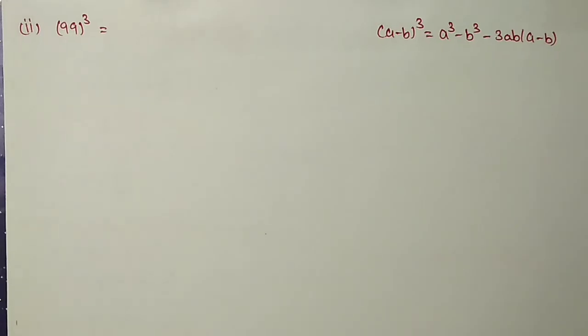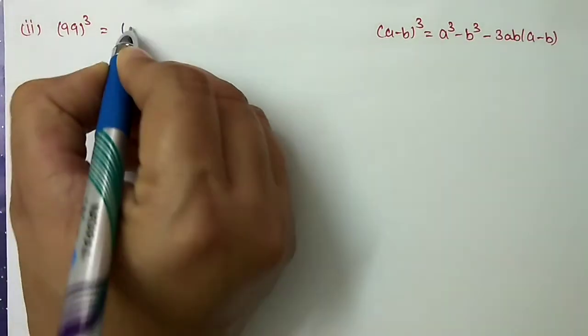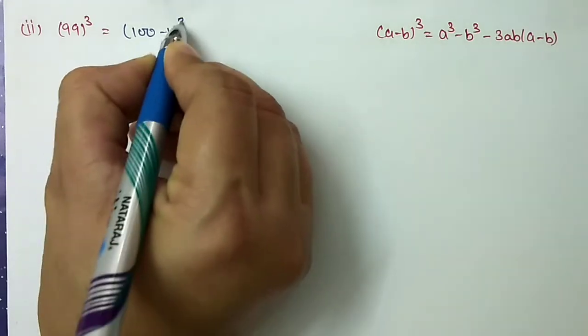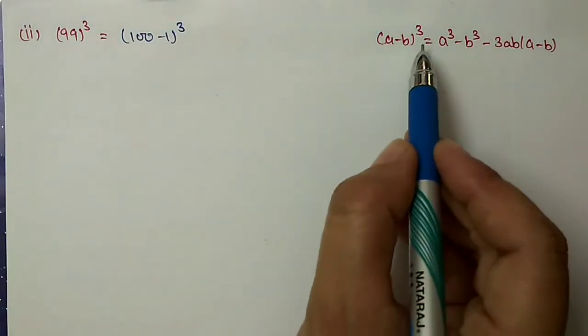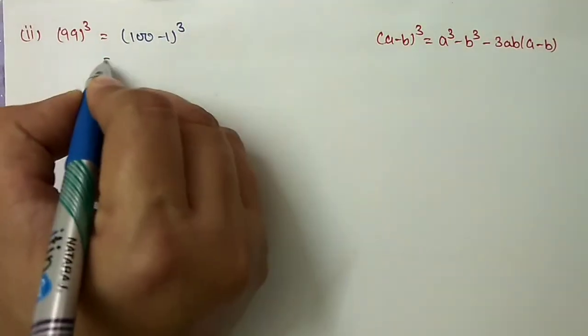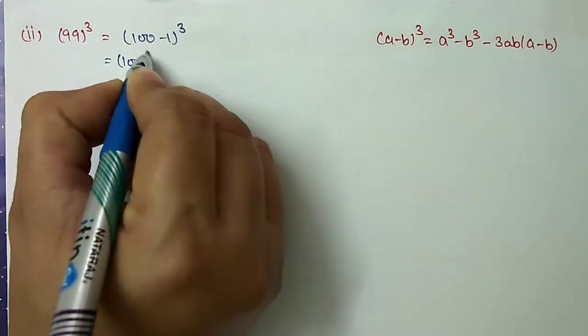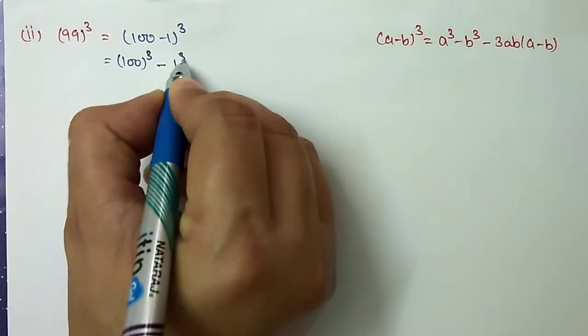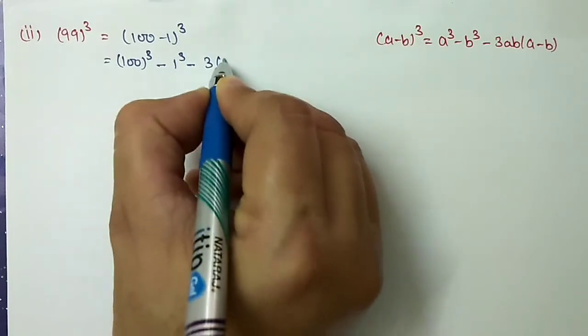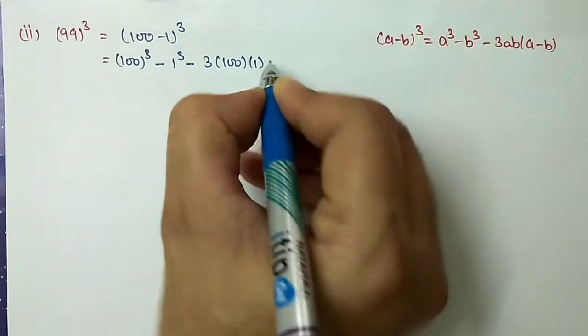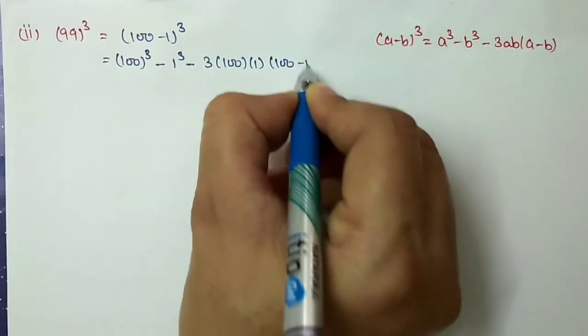Second part, 99 whole cube. So this we can write as 100 minus 1 whole cube, and we will use here the a minus b whole cube formula. Apply formula: a cube minus b cube minus 3ab, 100 into 1 and a minus b.